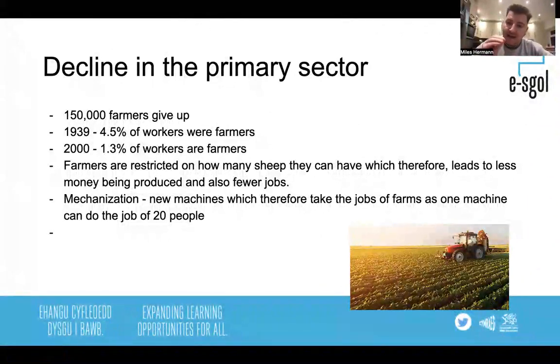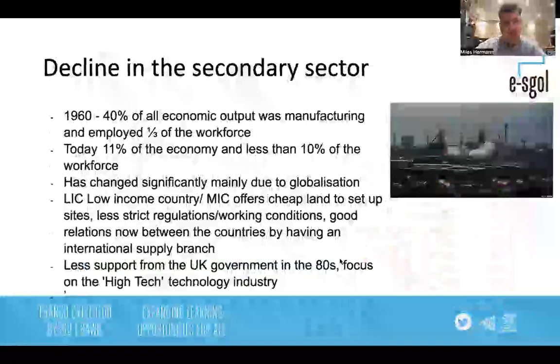And mechanization has been the largest contributing factor to this in agriculture. So new machinery, as I said before, has meant that jobs on farms have decreased. There's not a need for them because a machine can do maybe the job of 20 people.